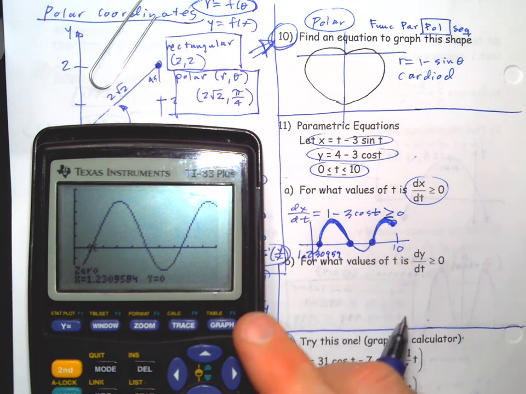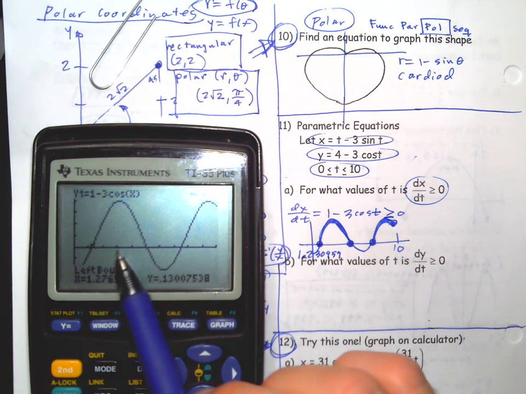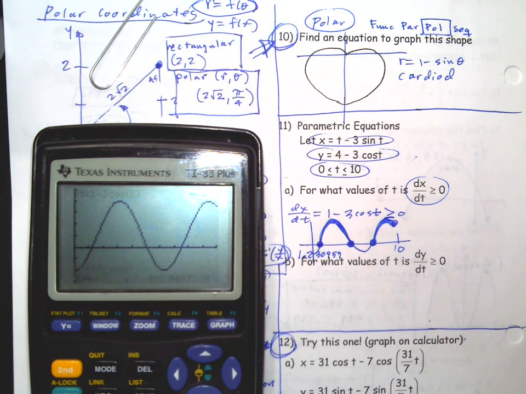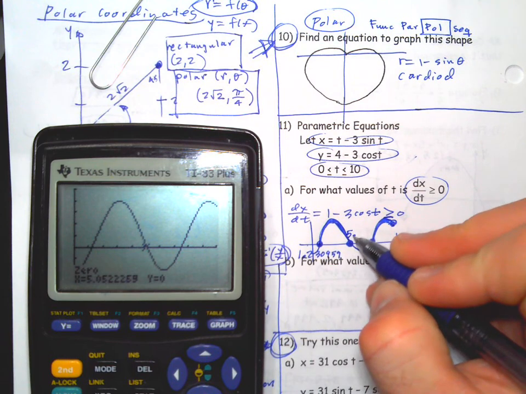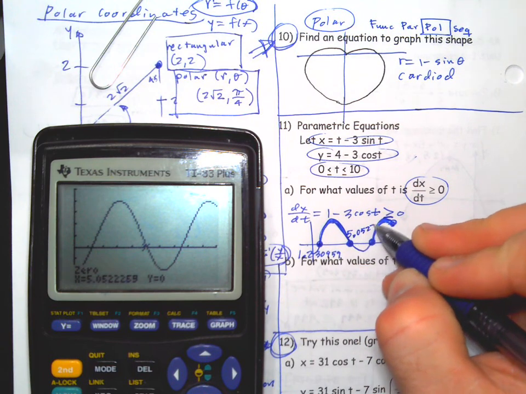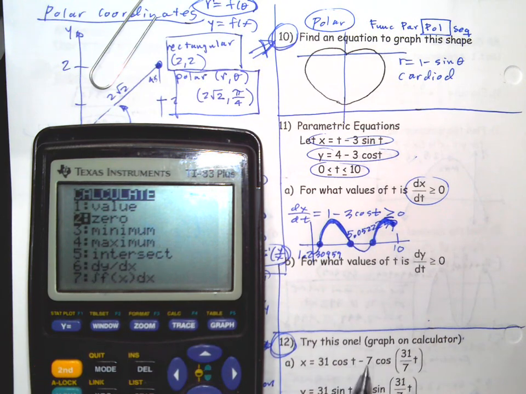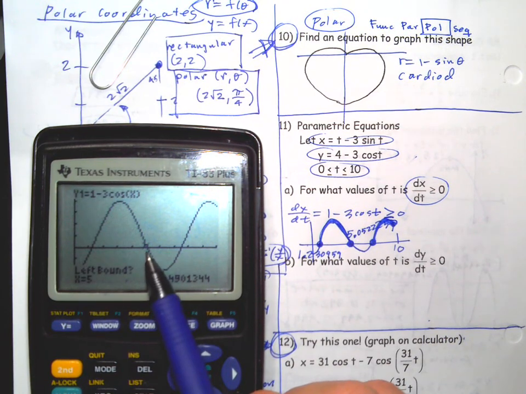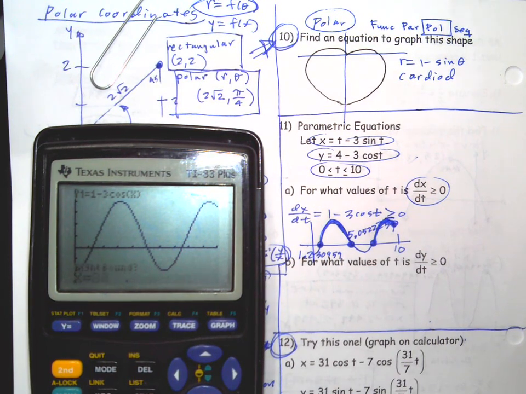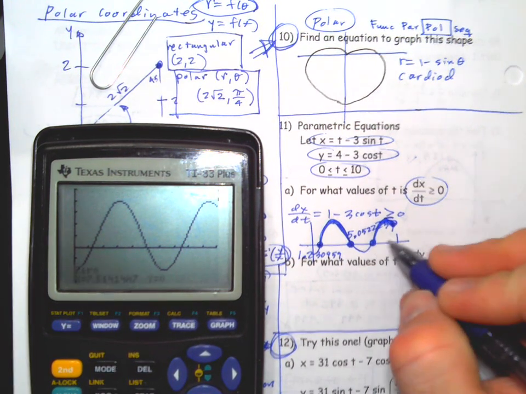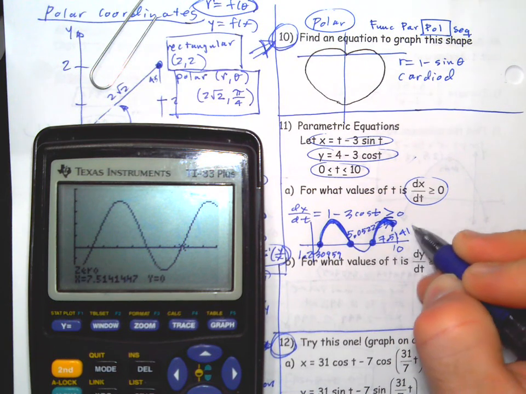So that one's at 1.230959. Second, calculate 0. This one looks like it's at 2, 3, 4, 5. So I'm going to say 4 to 6, guess 5. 5.05222259. Second, calculate 0. That was 5, 6, 7.5. 7 to 8, guess 7.5. 7.514147.